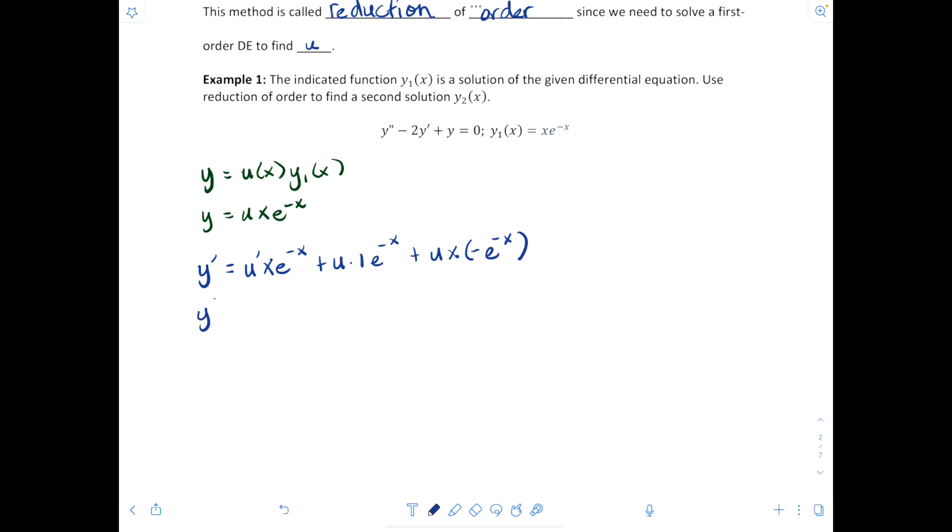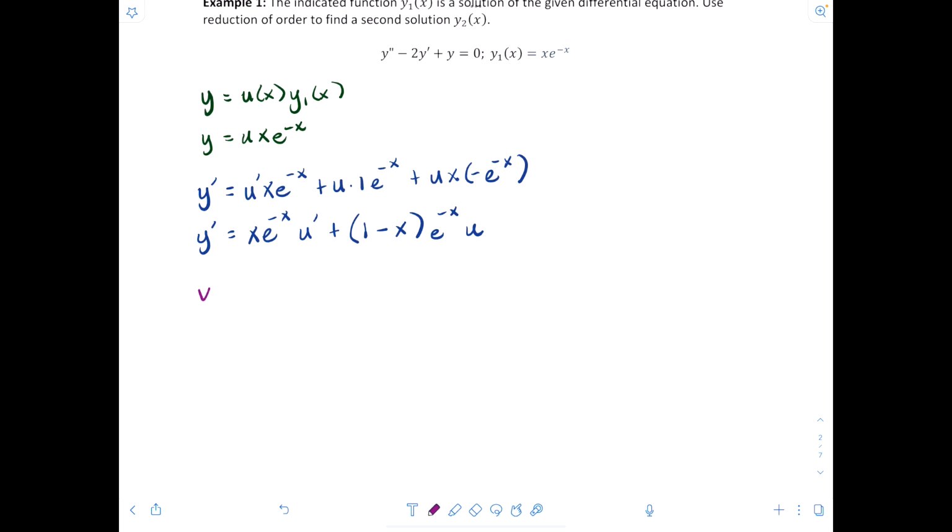And then writing these together, I'm going to factor the u prime and the u out to the right. There's only one term for the u prime, so we'll have x e^(-x) times u' plus (1 - x) times e^(-x), and then times u. Cool so far?